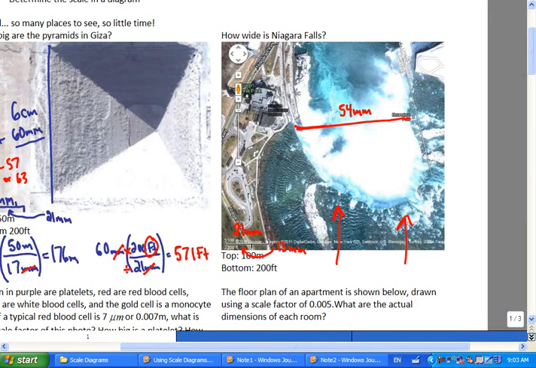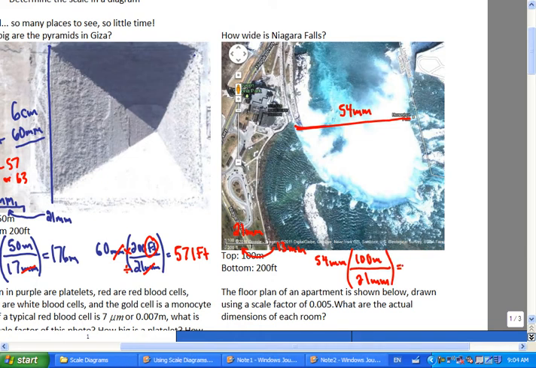All right, so let me walk you guys through it. It looks like most people have the hang of it, so let's move on. We got 54 millimeters in our measurement, and there are 21 millimeters in 100 meters.